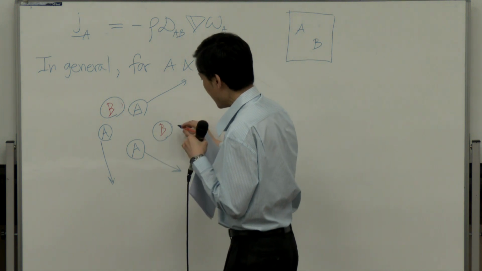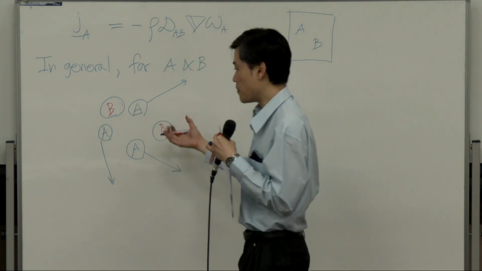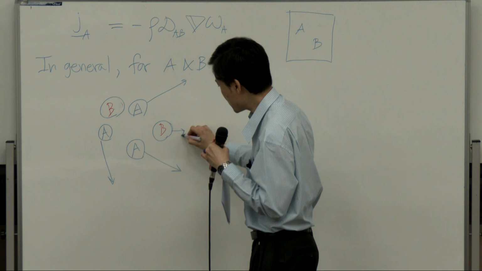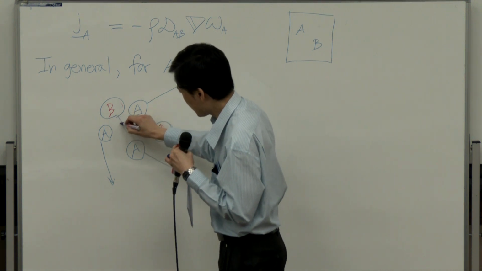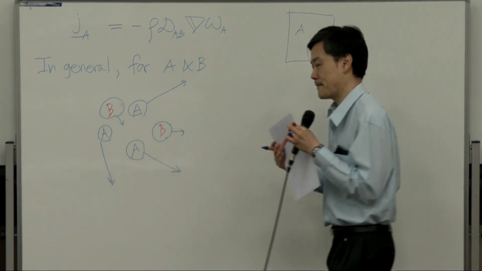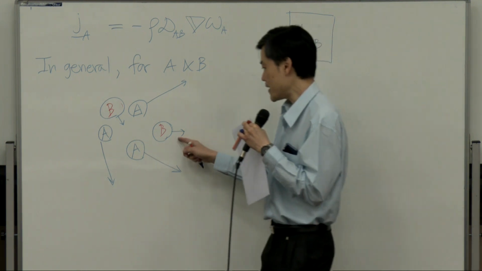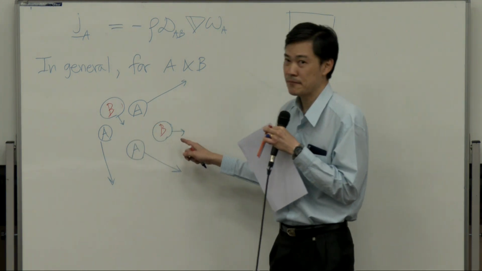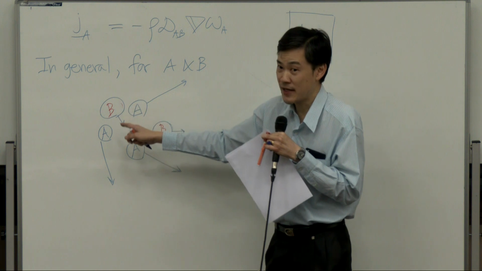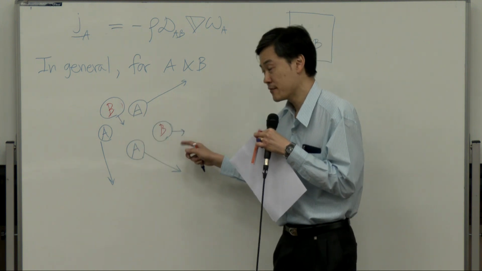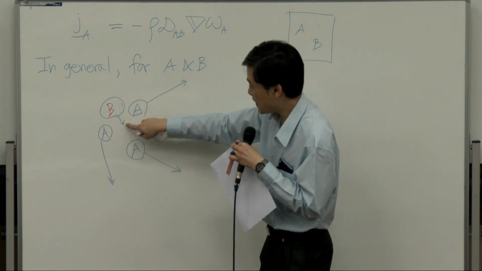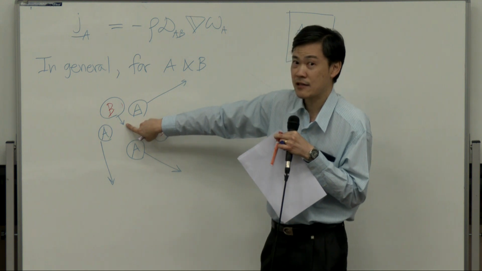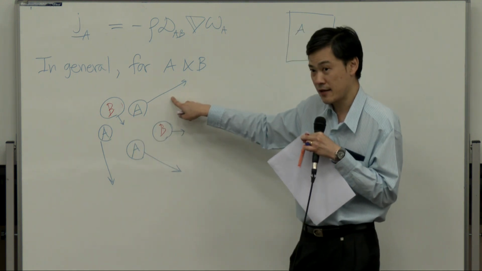Let's say B is a bulky atom, it moves slowly, okay? Of course, these two velocities are not the same, but they are in the same range. You can see obviously that B is moving at slower speed compared to A.